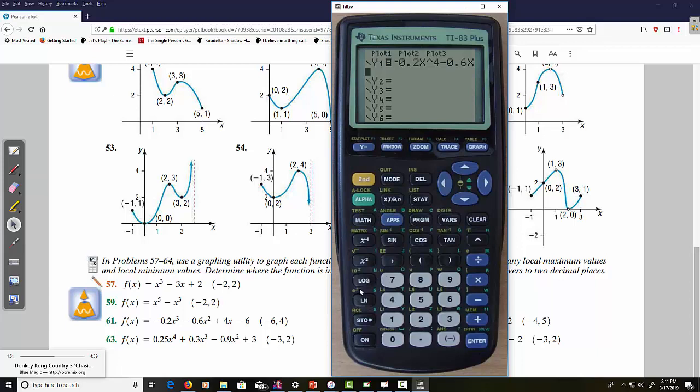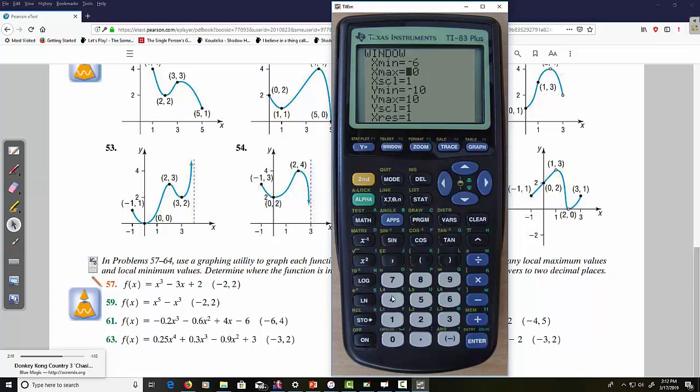I have to go back and change that. X squared. So this should actually be 3. It's negative 0.2 x cubed. There we go. Minus 0.6 x squared plus 4x minus 6. And it wants me to graph in the interval negative 6 to 4. So I'll go in the window and say negative 6 to 4.